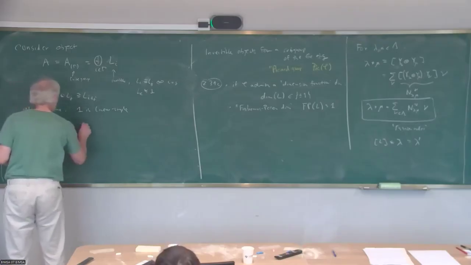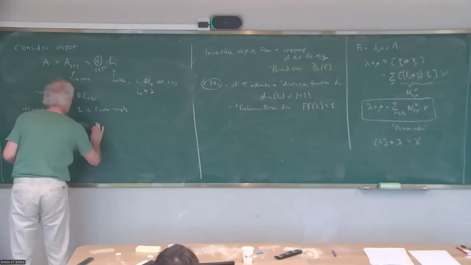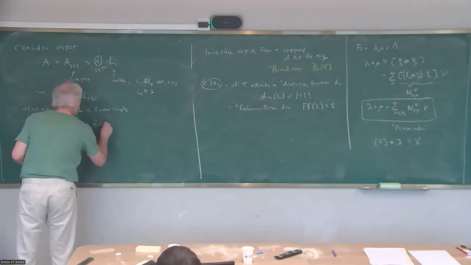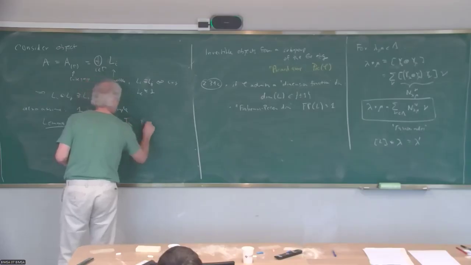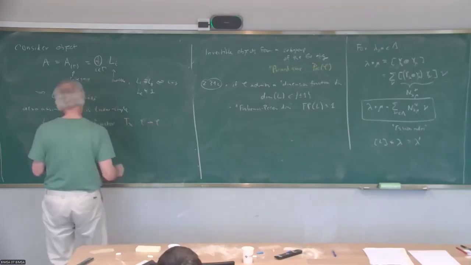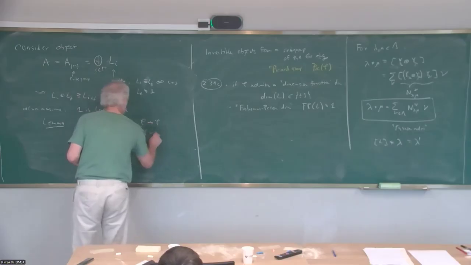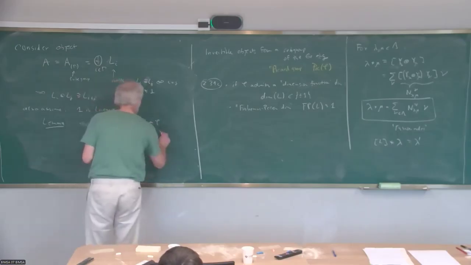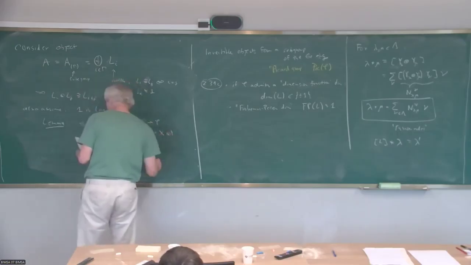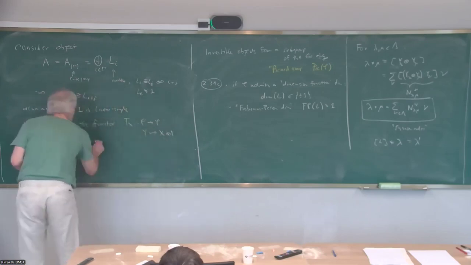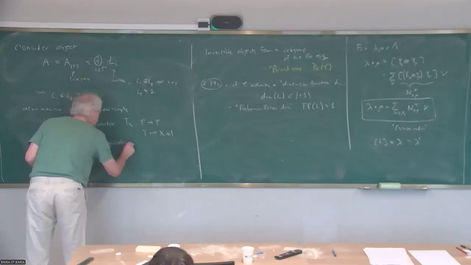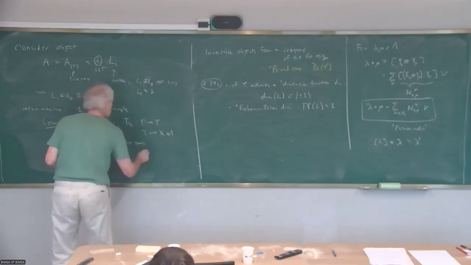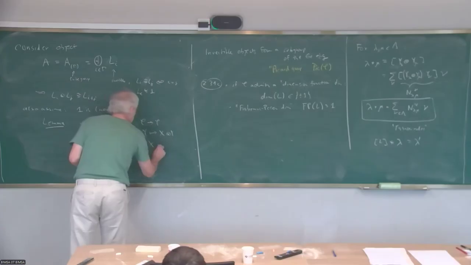The functor T_X from C to C, which is tensoring by X, so I send any object Y to X tensor Y, is an equivalence if and only if X is invertible.